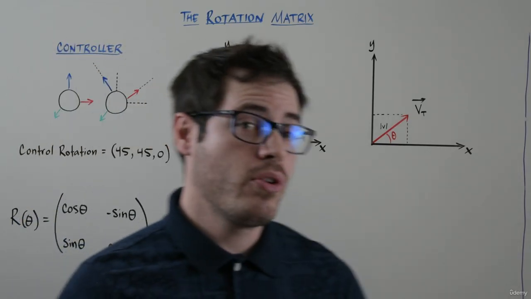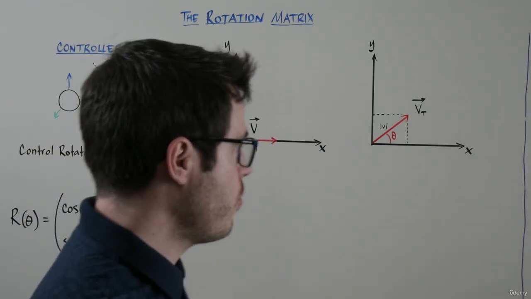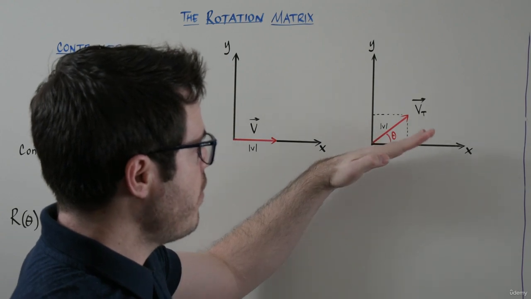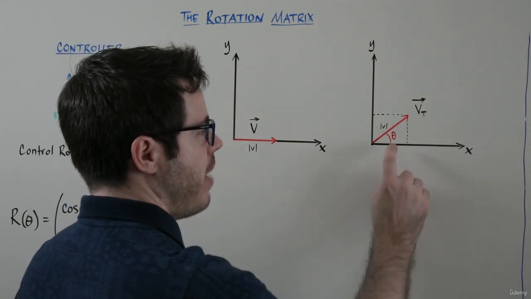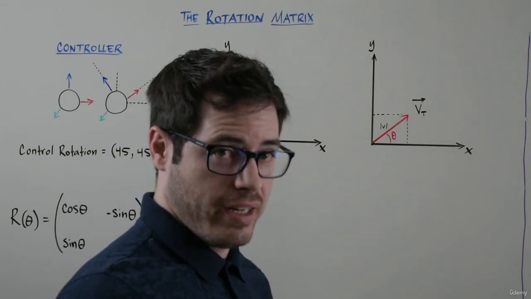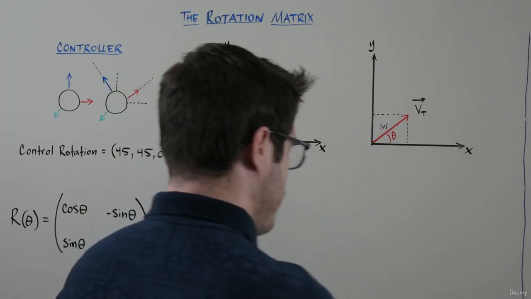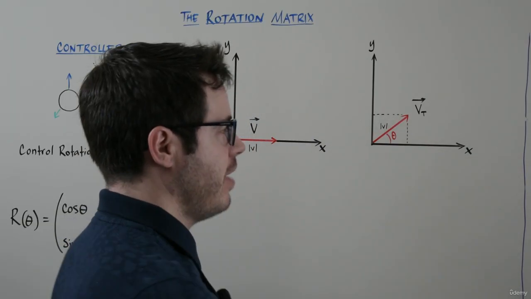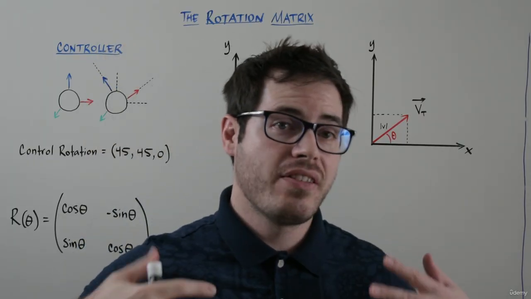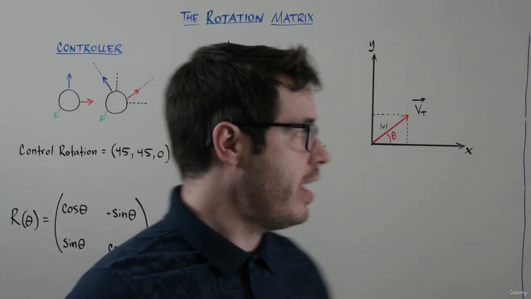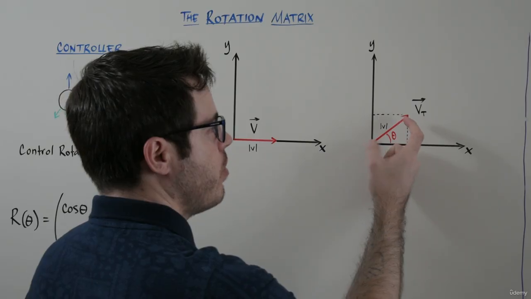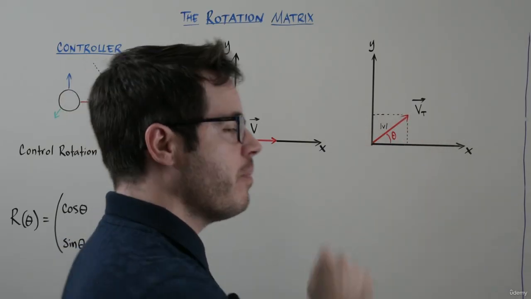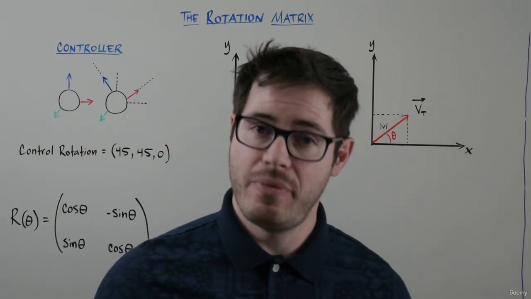Now let's say that we rotate the vector. We're rotating upwards away from the x-axis by some angle, which we'll call theta, okay? So if we're rotating our vector above the x-axis like this, then what is the resulting vector? What is this new vector, which we'll call v sub t, t standing for transformation.